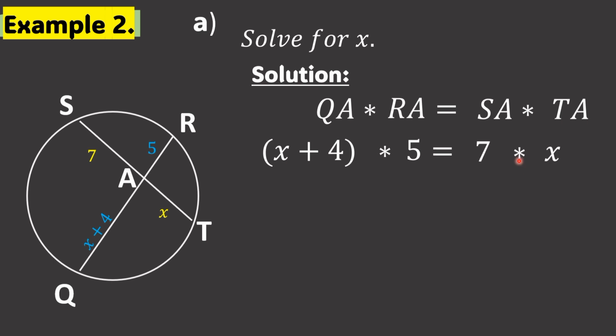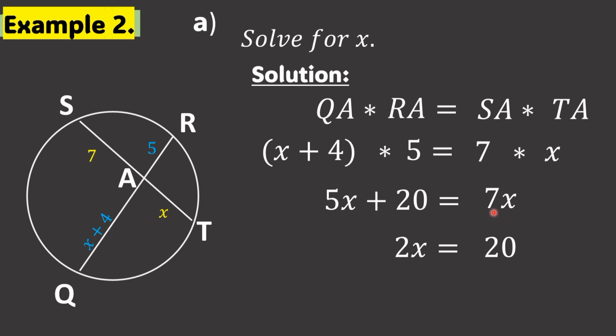equals 7X. Simplify. By distributive property, 5 times X is 5X plus 5 times 4 is 20 equals 7X. Combining like terms, 7X minus 5X is 2X equals 20.